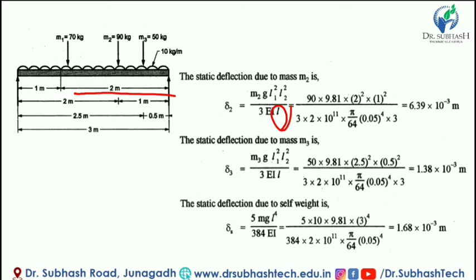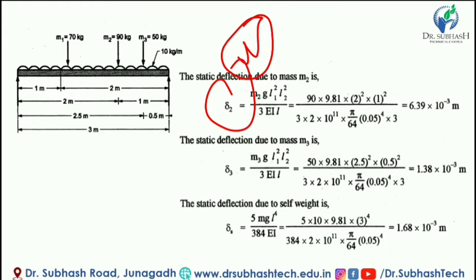And E is the modulus of elasticity and W is the weight. Here delta 2 is considered, so the weight is considered for only rotor 2.